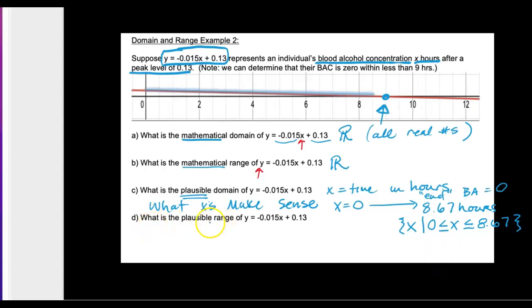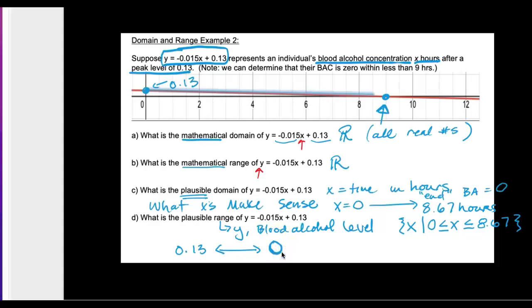And then range, what's the plausible range? Well, we have to think about range. That's our y, which is our blood alcohol level, and we know that this blood alcohol level starts at 0.13, so it would make sense to start there, and then it makes sense to consider blood alcohol level from there all the way to 0, because it's never going to be negative.